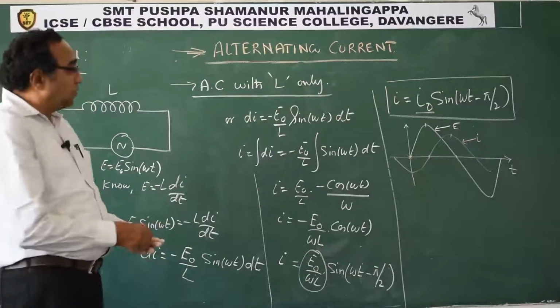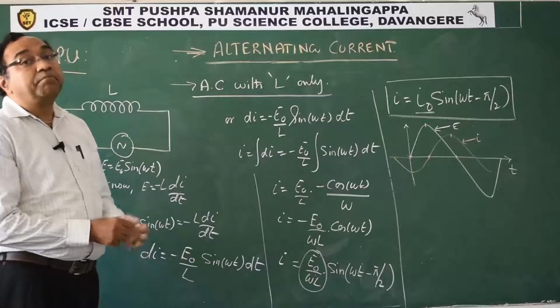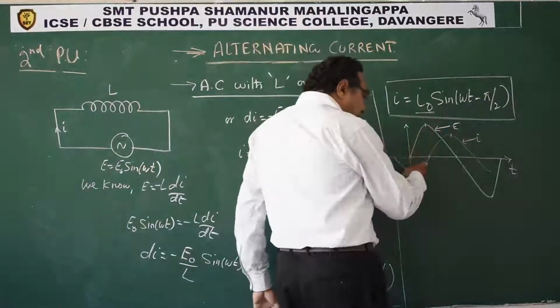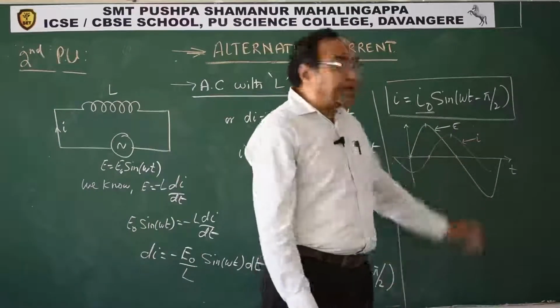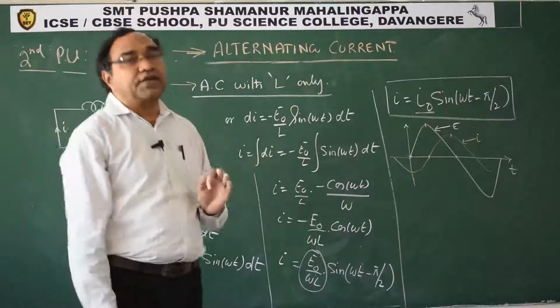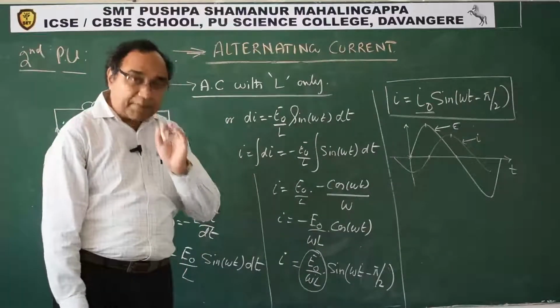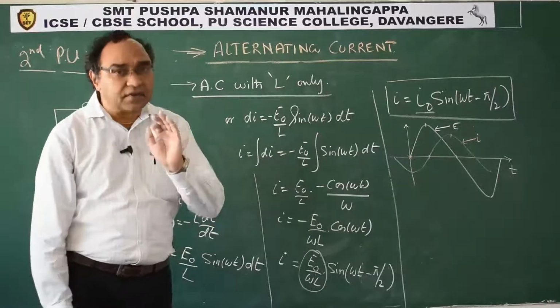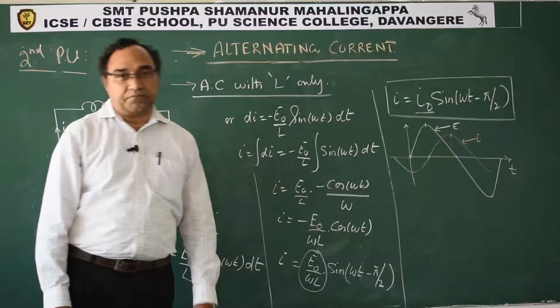Next, very important thing is we have to find the power consumption. Before that, we said that we have found out from the phasor diagram that the inductor is capable of blocking AC. If it is capable of blocking AC, this means it is offering resistance to AC.